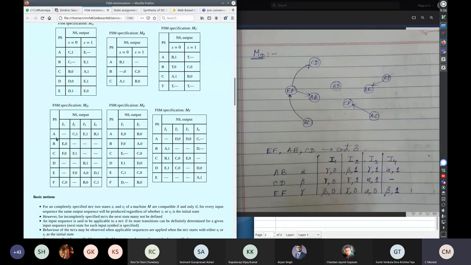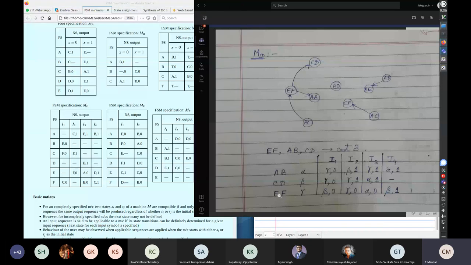So A and B is called alpha here, and this transition is to E. So E is contained in EF.